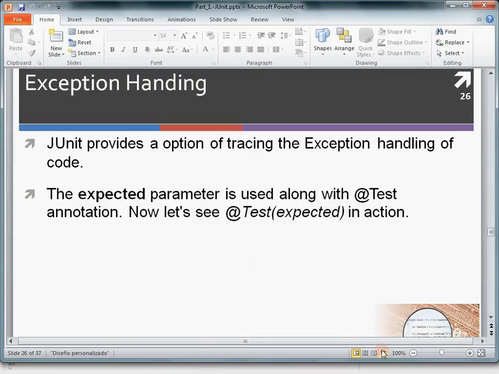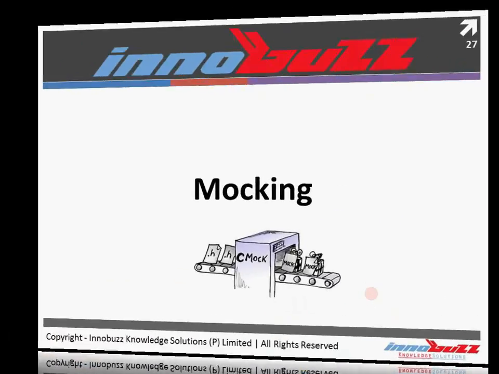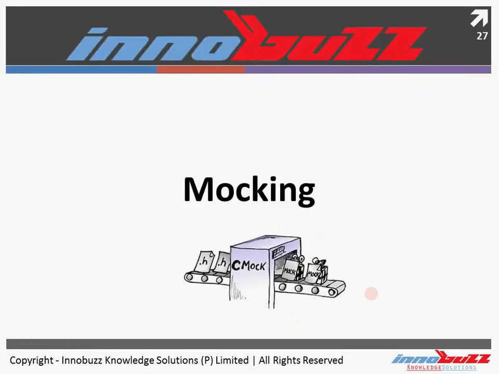Next slide. Mocking. So what is this mocking? Mocking is nothing but replacement of real objects through proxies. It means that all the real objects are replaced with your predefined behavior of the actual object.